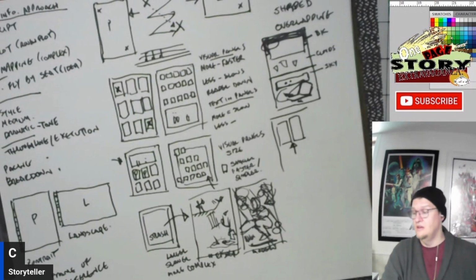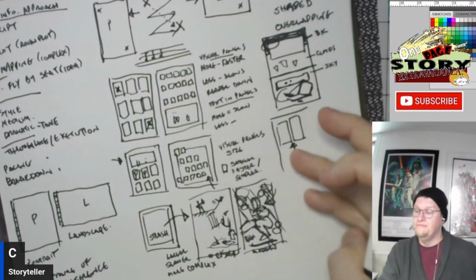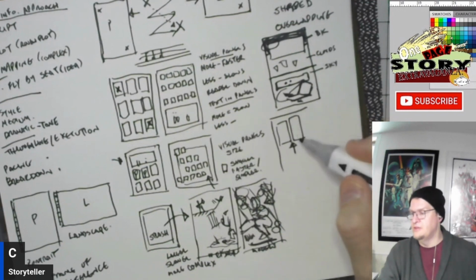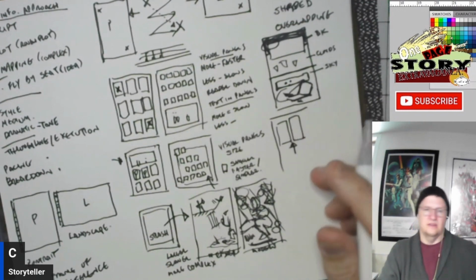It's where all of the other stuff has been washed out in between. It's just a break. The official term is the gutter, but I like to look at it as a break.